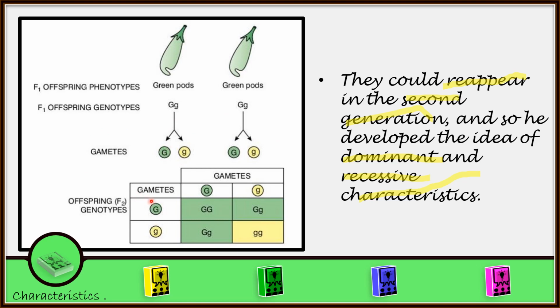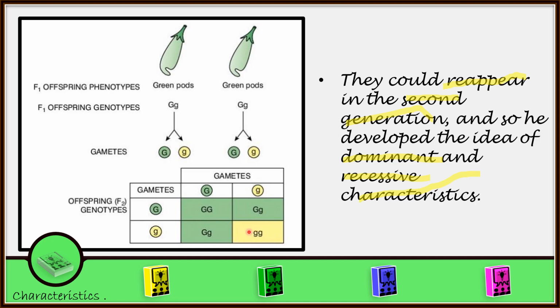Then he placed the gametes in the Punnett square. When he placed them in the Punnett square, he got the F2 offspring genotype, which gives us the reappearing of the character which disappeared in the F1.